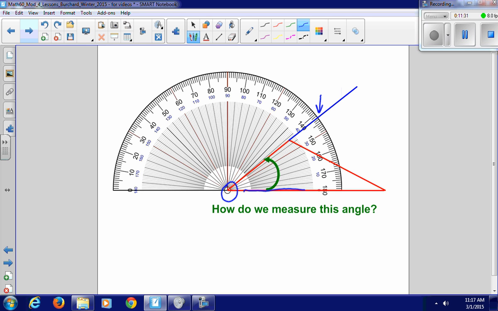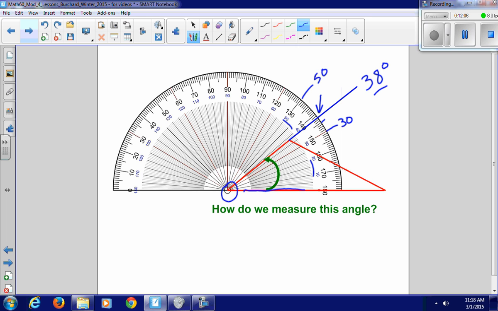Now remember, you're using the inner scale because that's what 0 we lined it up with. And so I'm looking at this, this is actually 30, and up here is 50, because I'm reading off this inner scale. And so I go 30 here, 35, 36, 37, and so I get 38 degrees for that angle.